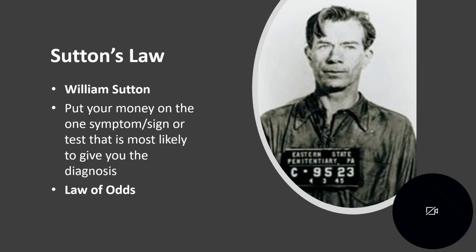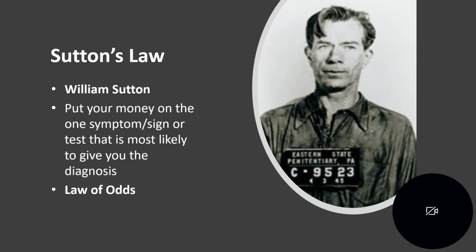So Sutton's Law, when applied to diagnosis, says you should put your money on the one sign or symptom or a test that is most likely to give you the diagnosis. This is called the law of odds. And a good example that I use at this stage is if you suspected a patient having diabetes mellitus, the best test that you should be ordering is a fasting blood sugar, not a HbA1c.